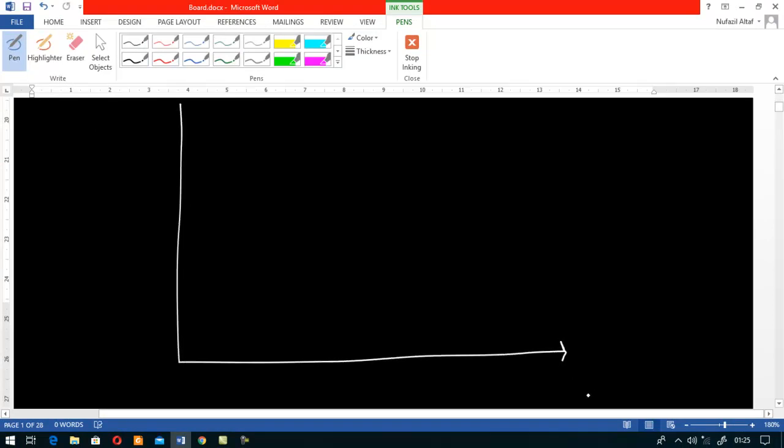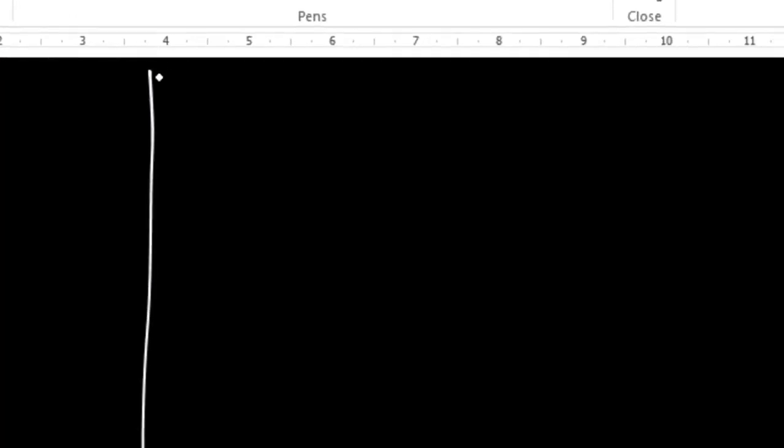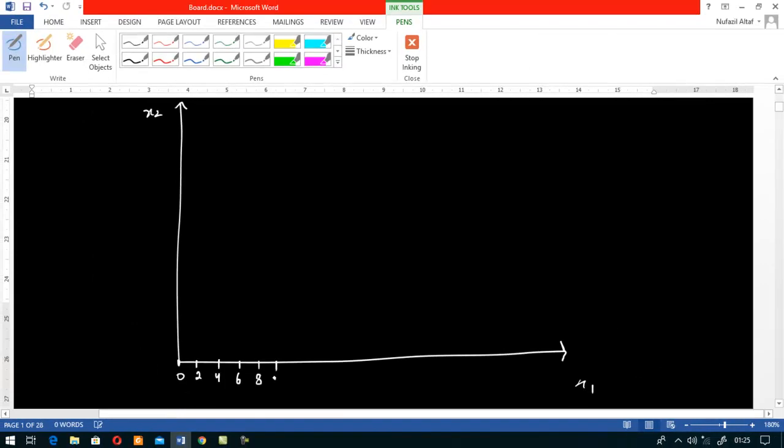Now let us say this is my x1 and this is my x2. I need 30 points maximum from this side. So this is my 0. Let's say this is 2, 4, 6, 8, 10, 12, 14, 16, 18, 20, 22, 24, 26, 28, and then 30.